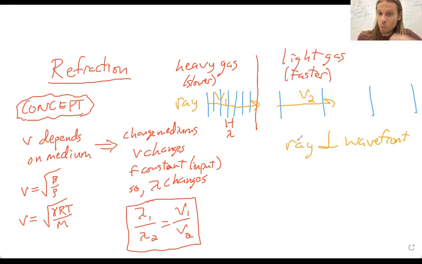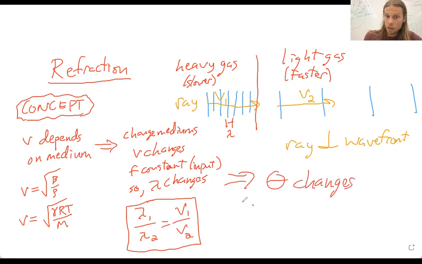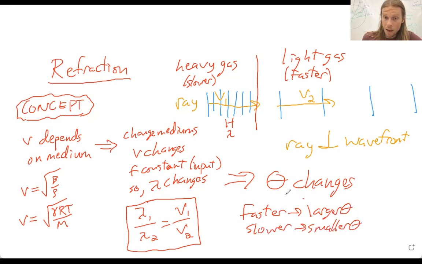But the ray is what we end up drawing, right? So from this, the chain of logic is, okay, because the wavelength changes, the angle changes. And here's how it changes. Faster is a larger angle. Slower is a smaller angle. And I'm going to show that on the next slide.